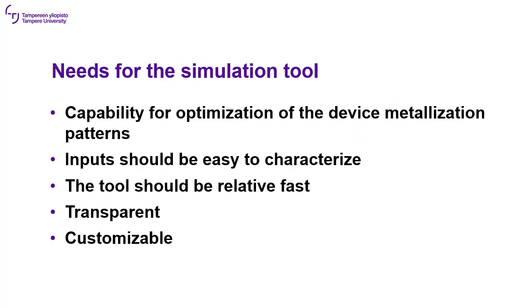We wanted to create a simulation tool which could optimize the front contact grid metallization pattern of a given photovoltaic cell structure. We wanted this tool to have easy to characterize input parameters. We wanted it to be relatively fast and also transparent so we know what it is doing. And lastly, we want it to be customizable for our own needs.